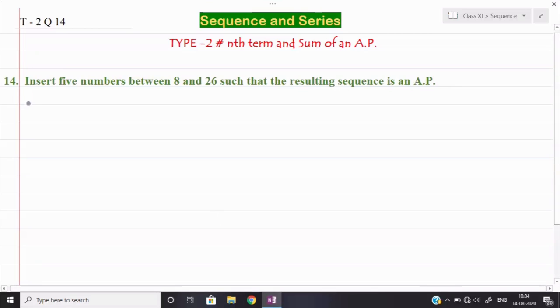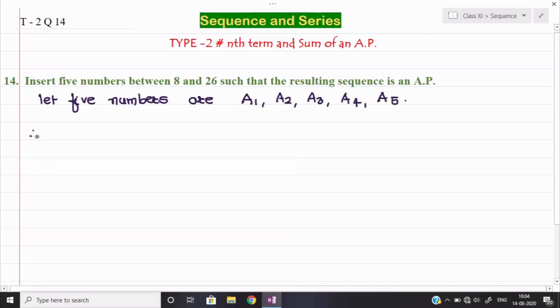So here we'll write: let the 5 numbers be A1, A2, A3, A4 and A5. You can take any other symbol also, whichever you need. I am taking capital A1, A2, A3, A4 and A5.